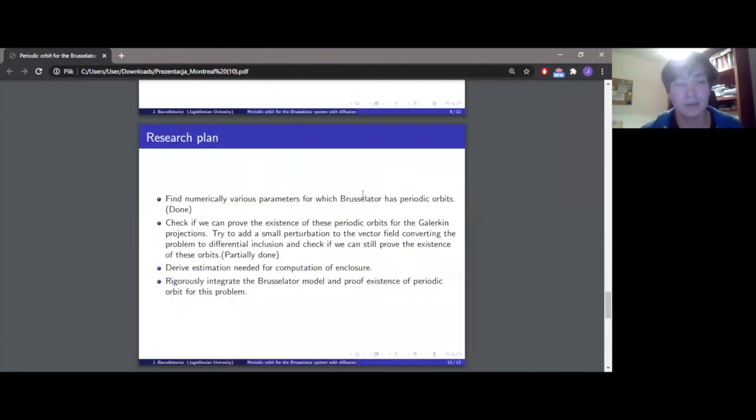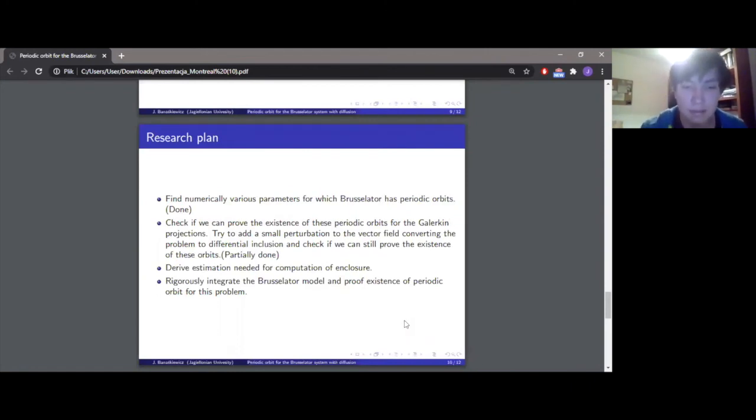Okay, so what is the research plan? We have found some numerical values for which the Brusselator has a periodic orbit. And then we try to prove existence of this periodic orbit for the Galerkin projection, and add a small perturbation to the vector field, and this gives rise to the differential inclusion, and check if we are still able to prove existence of this orbit for this differential inclusion.